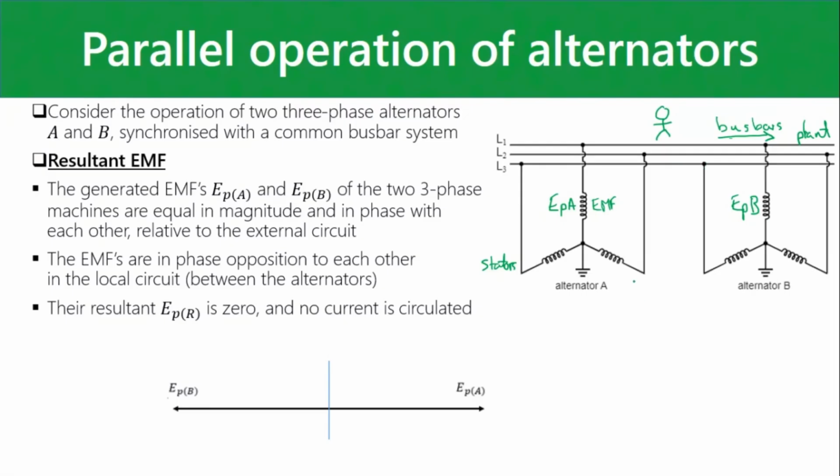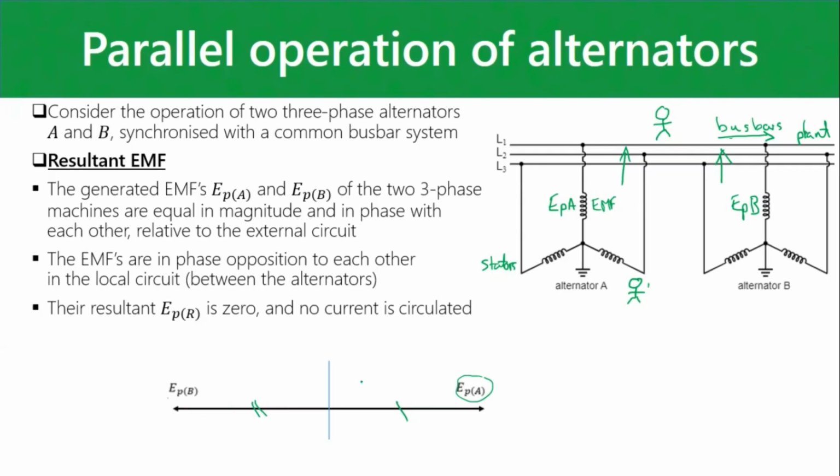But if you're standing at one of the alternators, you can think of it like that, because this one's putting current onto these bus bars, and this one as well. If you're standing over here, it would appear that this EPB is 180 degrees out of phase to EPA, or to alternator A. So we represent EPA by a phasor, and EPB by another phasor.